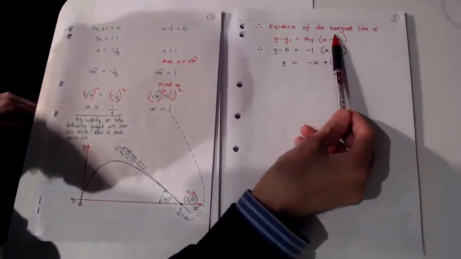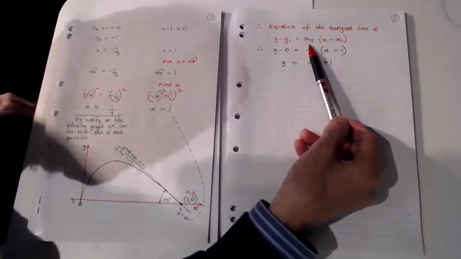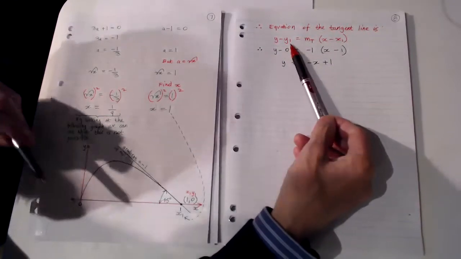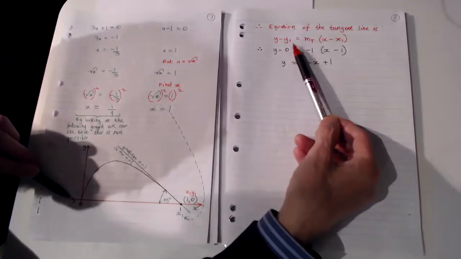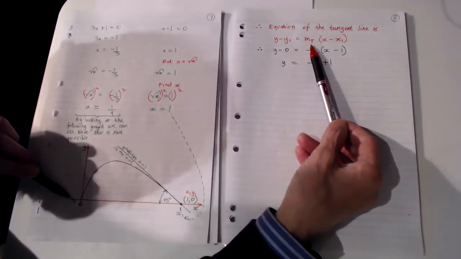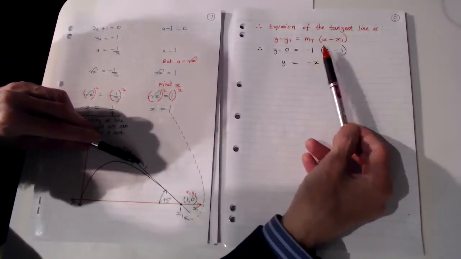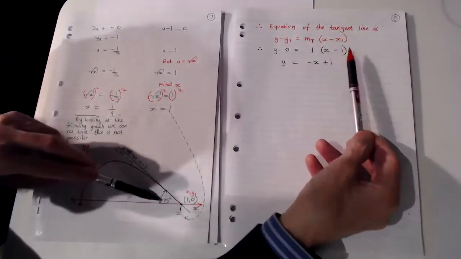Therefore, the equation of the green tangent line is y minus y1 equals mt times x minus x1. So therefore, y minus, what's y1? Y1 is 0, as you can see on this diagram, equal to mt. Mt is the gradient of the green tangent line, which is -1, times x minus x1, which is 1.